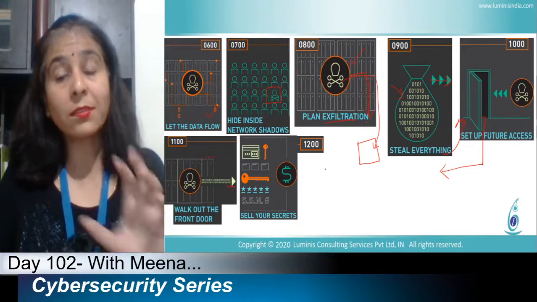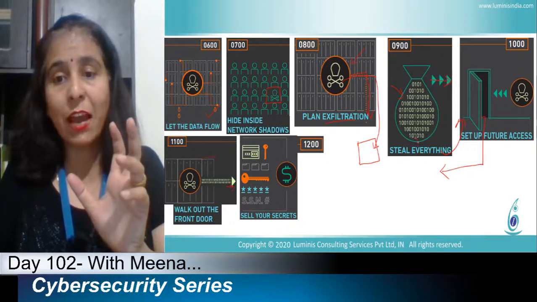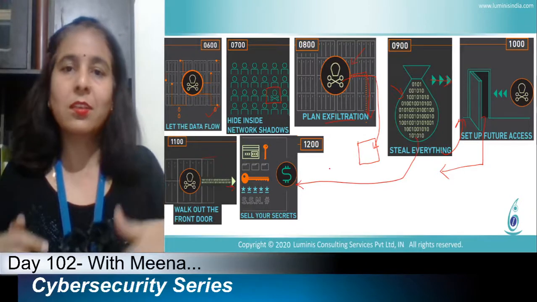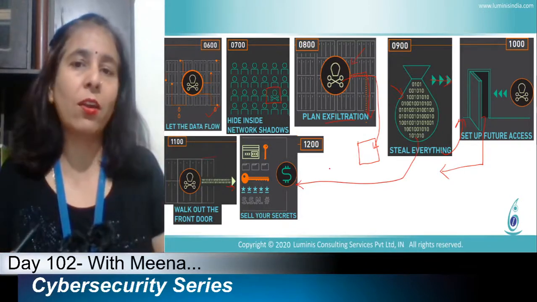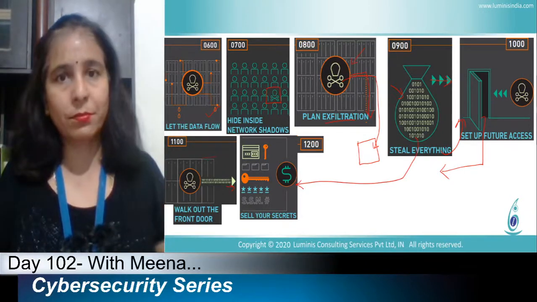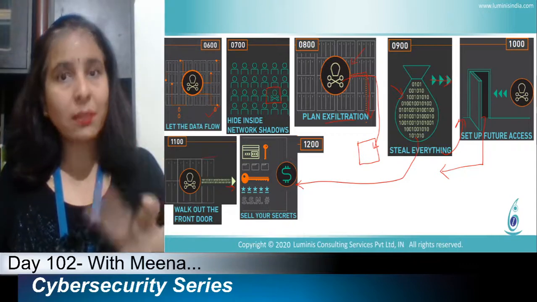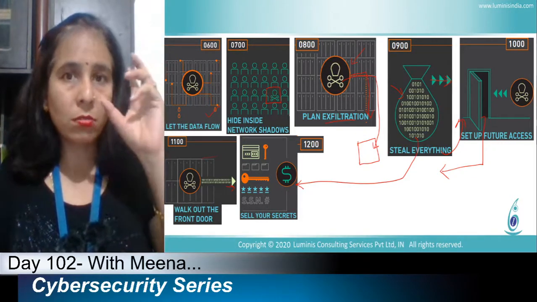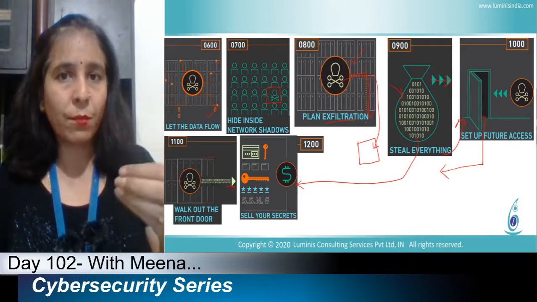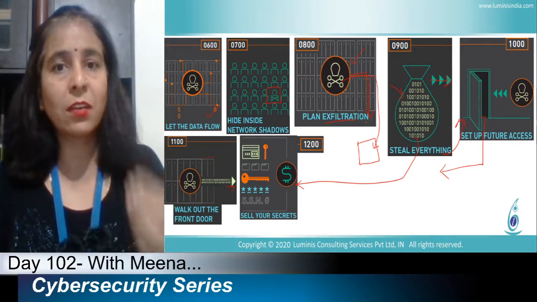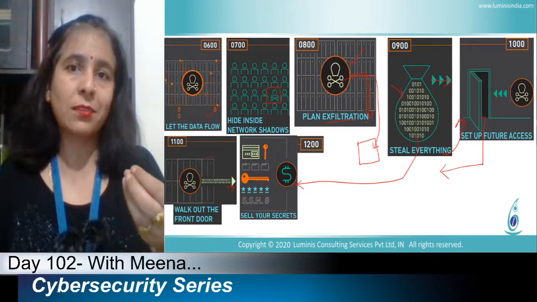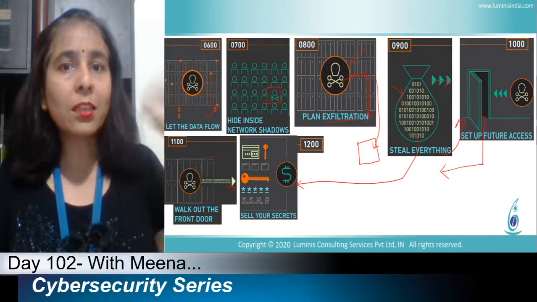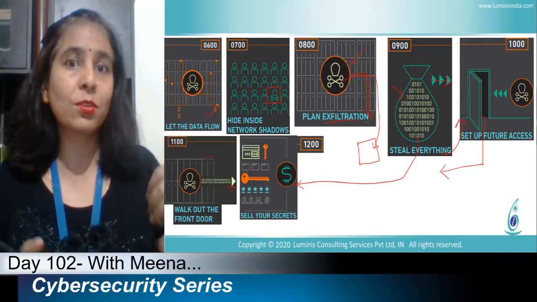And whatever information they have stolen from that organization, they start to sell on the dark web. Okay, so that they can make money there, the bidding happens, and they sell the stolen information to another person who can use it for their purpose.